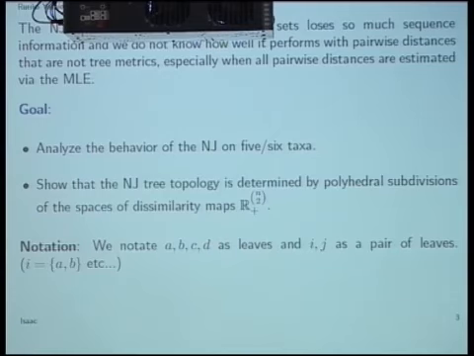This is generalized, so you can do more, but for 5, 6 taxa I can explain it in a more combinatorial way. We also want to show that the neighbor joining tree topology is determined by a polyhedral subdivision of the space of dissimilarity maps. The ME tree topology is also determined by a polyhedral subdivision of the space of dissimilarity maps. So basically, what we do is compare those two subdivisions.